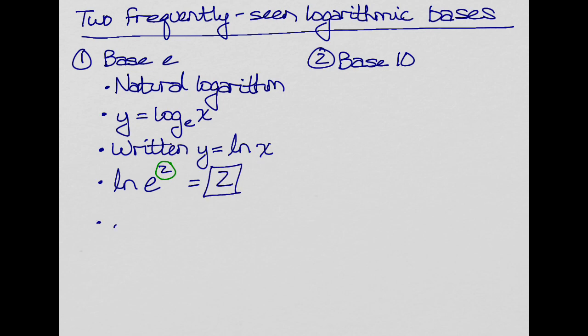If I say the natural log of the square root of e, we're going to remember that we can rewrite roots as fractional powers. And again, what exponent do I have to put on e to get e to the 1/2? And that'll just be 1/2. So we can evaluate natural logarithmic functions.